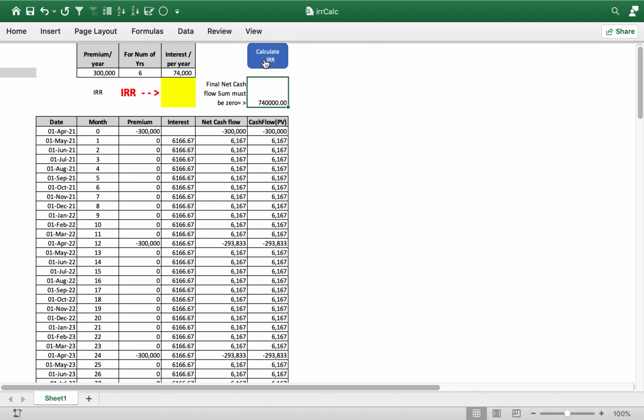So let's start the calculation. It is trying 8%, 4%, 6%, 7%, 6.5%, and you can see that this figure will become zero finally. When it has found this total to be zero, it will say it has found the IRR.